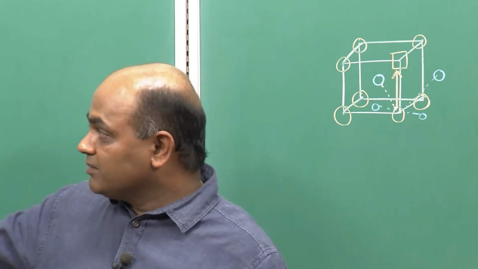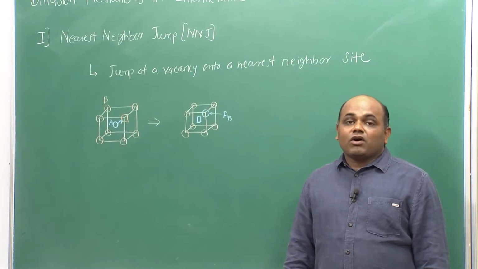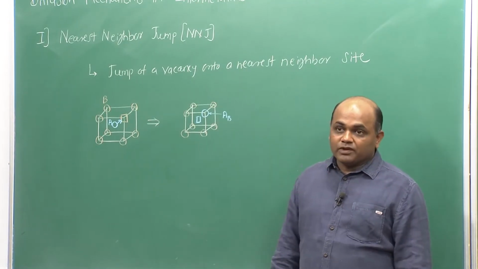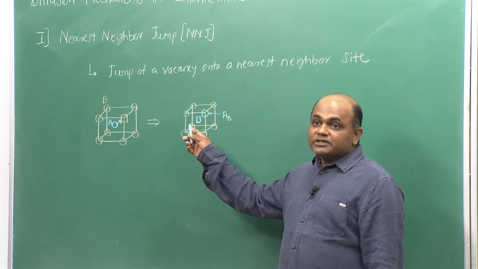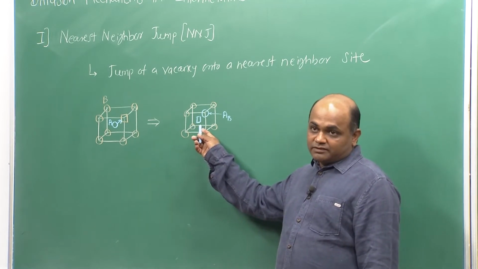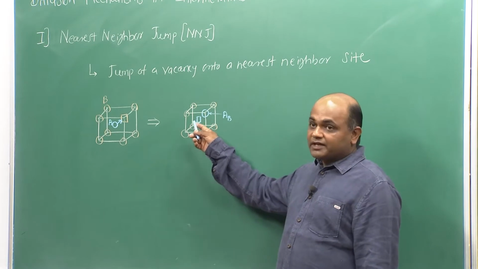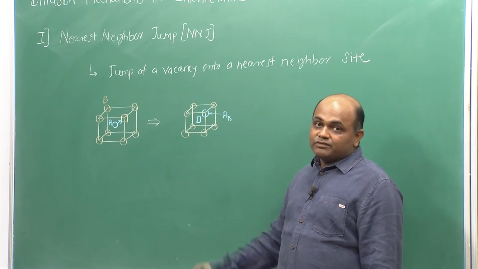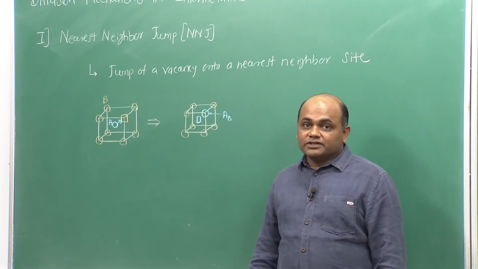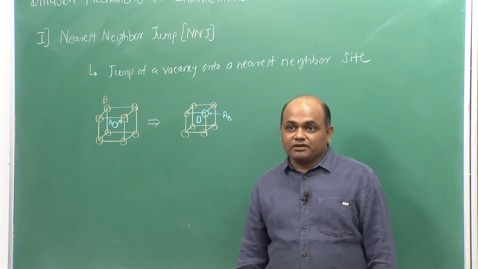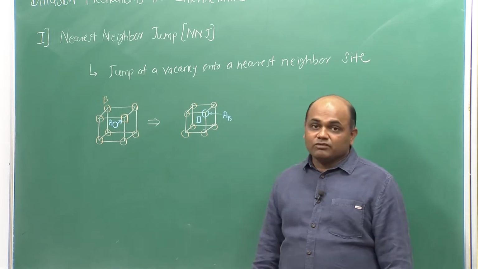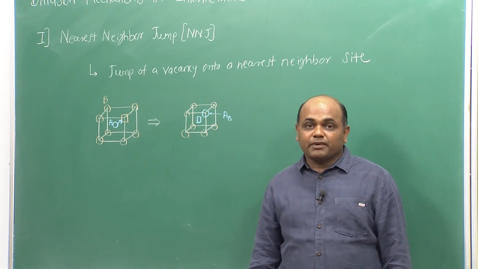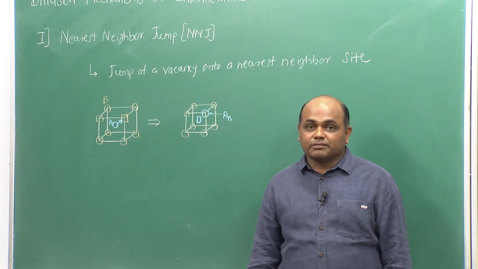A nearest neighbor jump will be possible if the ordering energy is low, or if one of the atoms is very small. If the atom is very small, then it can form an anti-site, and so it can diffuse by nearest neighbor jump or double NJ, whereas the larger atom will diffuse by triple NJ or next nearest neighbor jump.